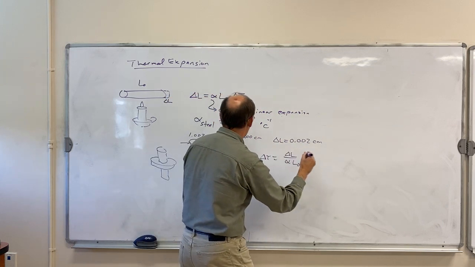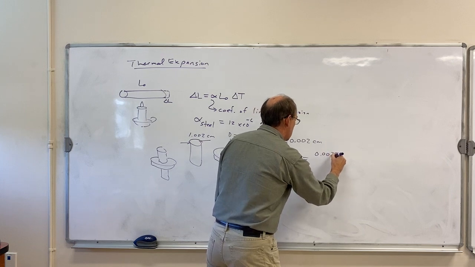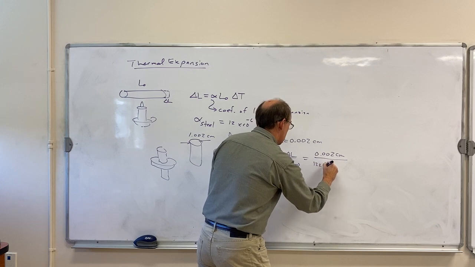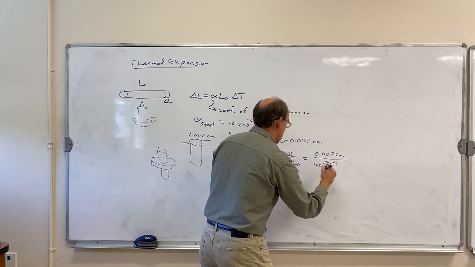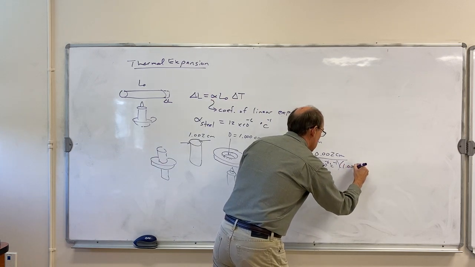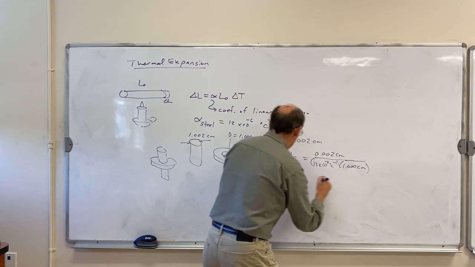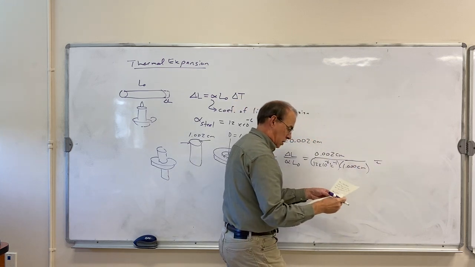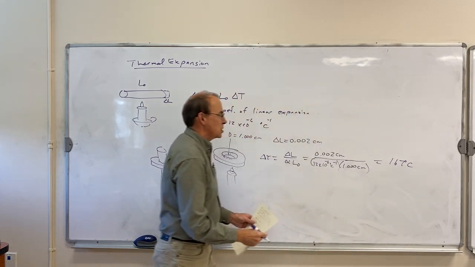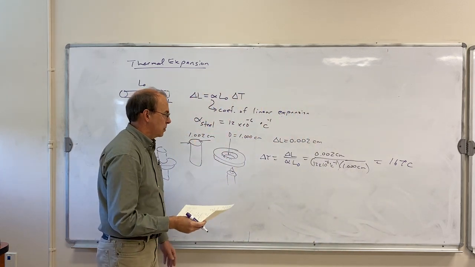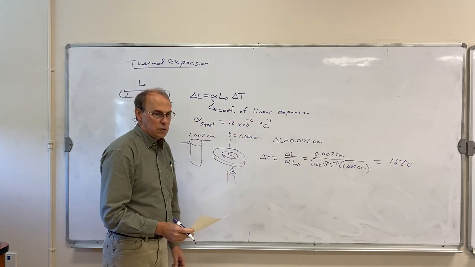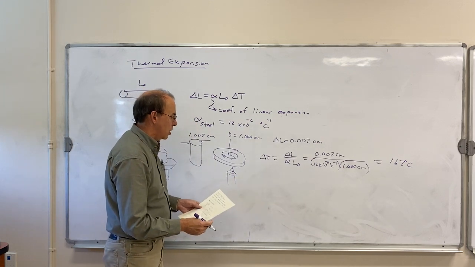Delta L is 0.002 centimeters, alpha is 12 times 10 to the minus 6 degrees Celsius to the minus 1, and L naught was 1 centimeter. When you do all that, you get 167 degrees Celsius. So maybe I'd want to heat it to double that temperature to give me the extra space to slip it over, and then they would stay together as if they were just one object.